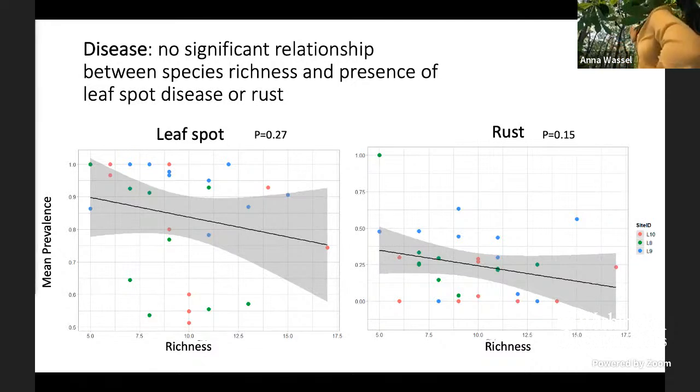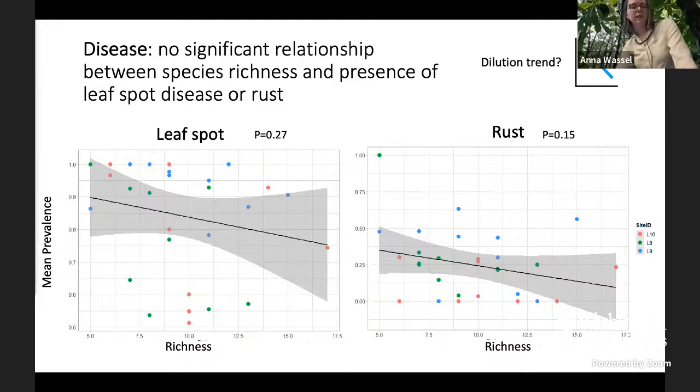On the y-axis, we have the mean prevalence of that damage type. So I was assessing individual plants, and 0 is that symptom was absent, 1 is that symptom was there. So we have an average of that damage type.